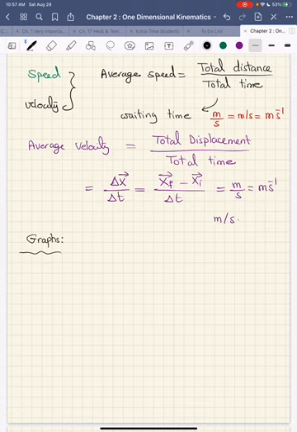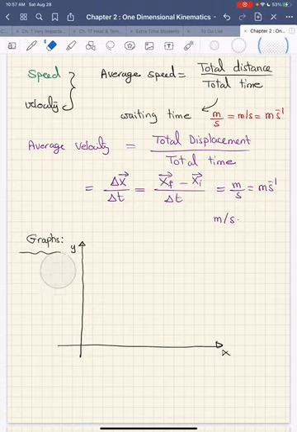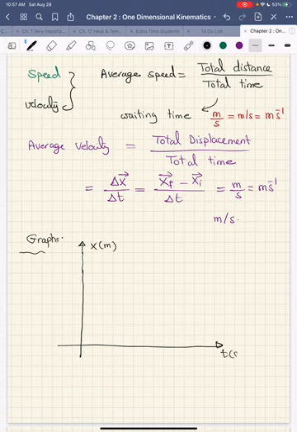Now, the first thing is, I have here my X and here my Y. And I will not use X and Y in here because now I'm talking about description of the motion. Then for the Y, I will use the displacement in meters. And here I'm going to use the time in seconds.